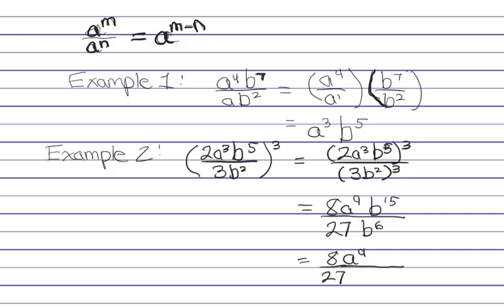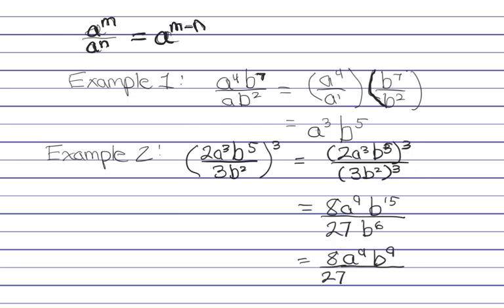And then for my b's, it'd be b to the 15th over b to the 6th, so I do 15 minus 6, which would be 9, and since it's positive, it's going to stay in the numerator. If it had come out to be a negative number, then it would have moved down into the denominator.